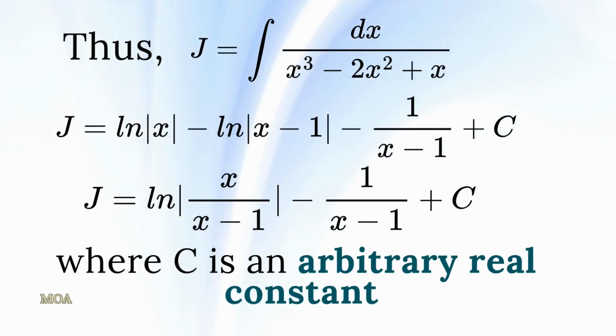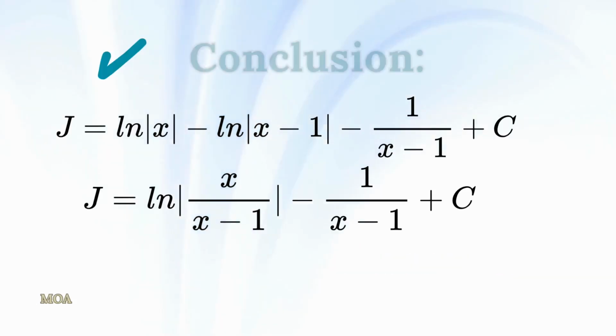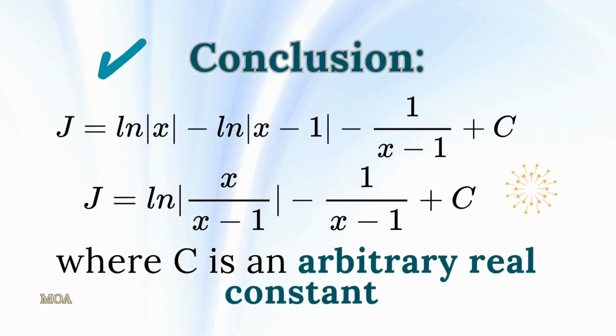Thus, the sum of the integrals J1 plus J2 plus J3 equals the natural logarithm of the absolute value of x minus the natural logarithm of the absolute value of x minus 1, minus 1 over x minus 1, plus an arbitrary real constant denoted c. Conclusion: the integral J equals the natural logarithm of the absolute value of x minus the natural logarithm of the absolute value of x minus 1, minus 1 over x minus 1, plus an arbitrary real constant denoted c.